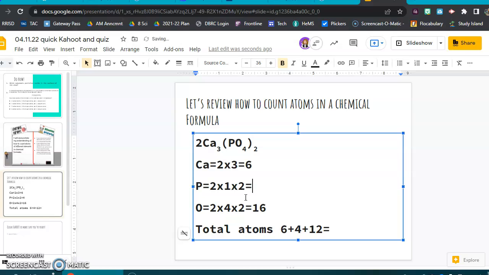I goofed here. That should be an 8. Nope, that's a 4. It's been a long day, folks. So I had 6, not 16 here. There's where my mistake was. Okay, 16. So that's why you write them out so we can look at them. And that comes up with 26.